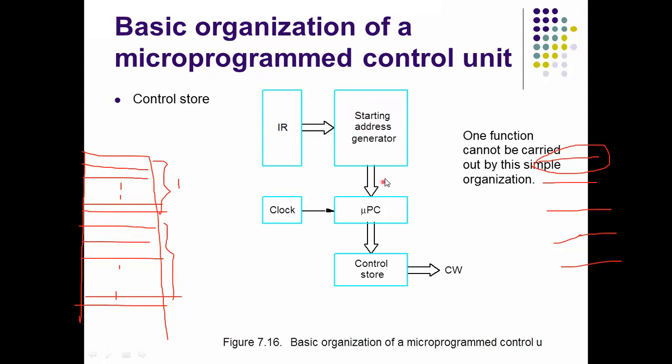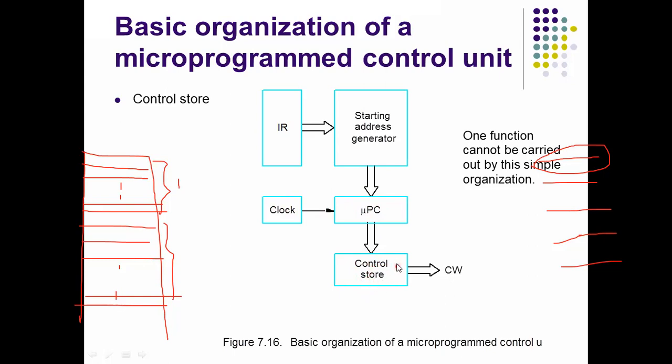That will be given here to the micro program counter. That means this is incremented one by one. The clock signal is given to this micro program counter. In that way, all the micro instructions are stored in this control store, or control memory.